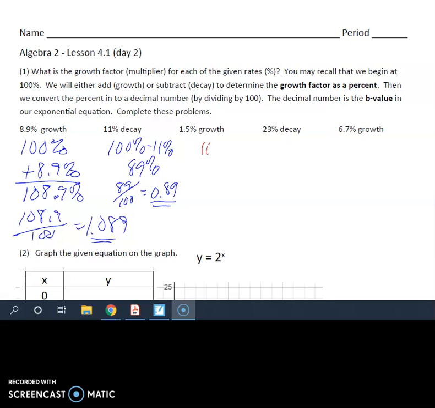Problem 3, again, is a growth, adding 1.5%, so we get 101.5%. Take that number divided by 100, and we end up with 1.015. So basically, for every dollar you invest, you're getting 1.5 pennies profit or growth for each year.